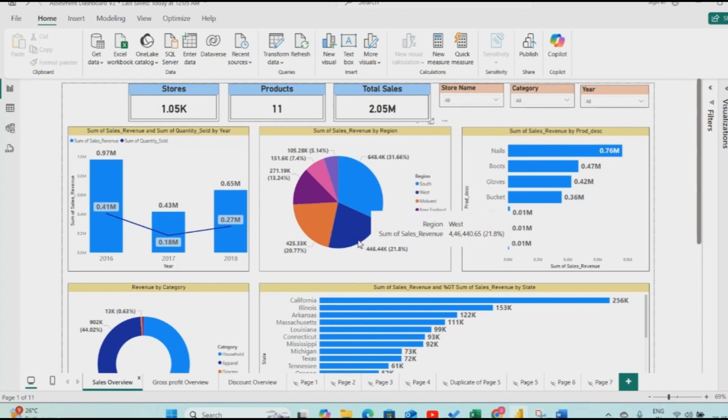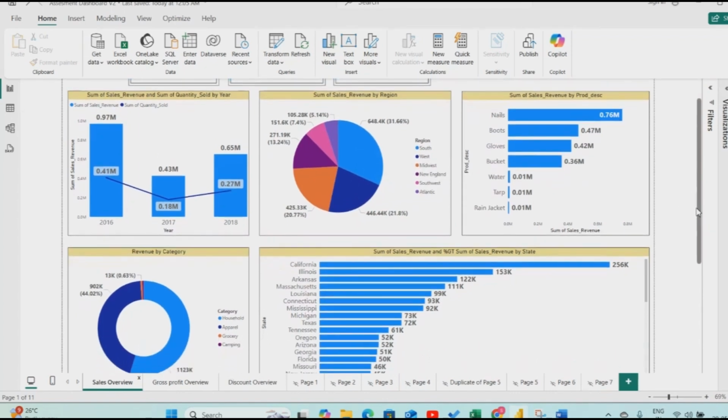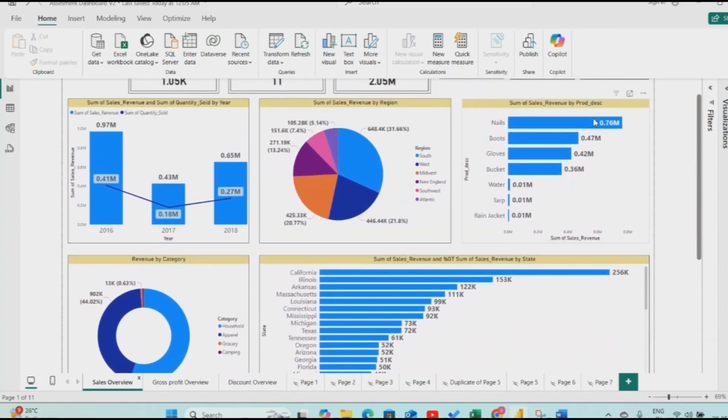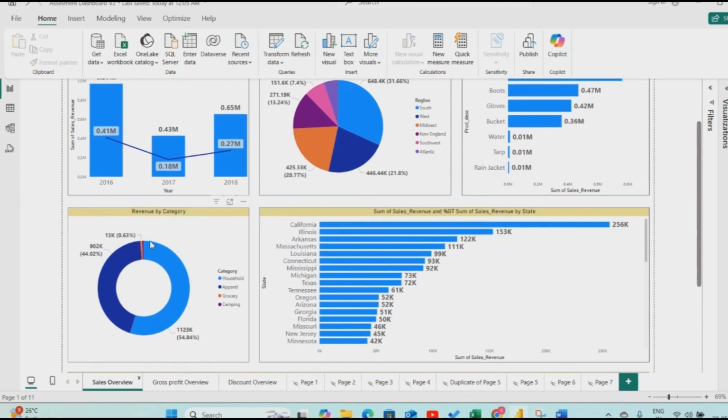Also, we created a bar graph and this pie chart to understand the bifurcation of the revenue with respect to product description and category. Here again we can see nails contributing the maximum of the total revenue. Then we have other products, boots, gloves, etc. When we talk about the category, household and apparel, these two categories alone contribute almost 98% of the total revenue generated.